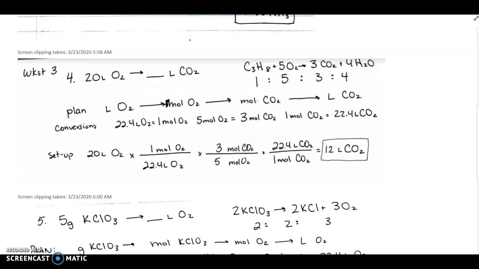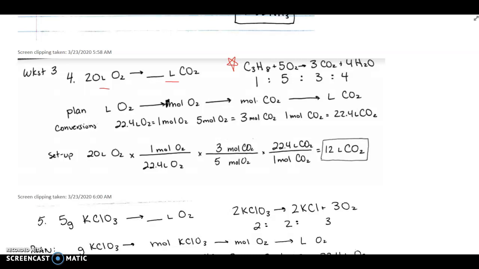So number 4 here is a good one to start with. This is a liters to liters problem. We're starting with our equation, which is C3H8 plus 5O2 yields 3 CO2 plus 4 H2O.